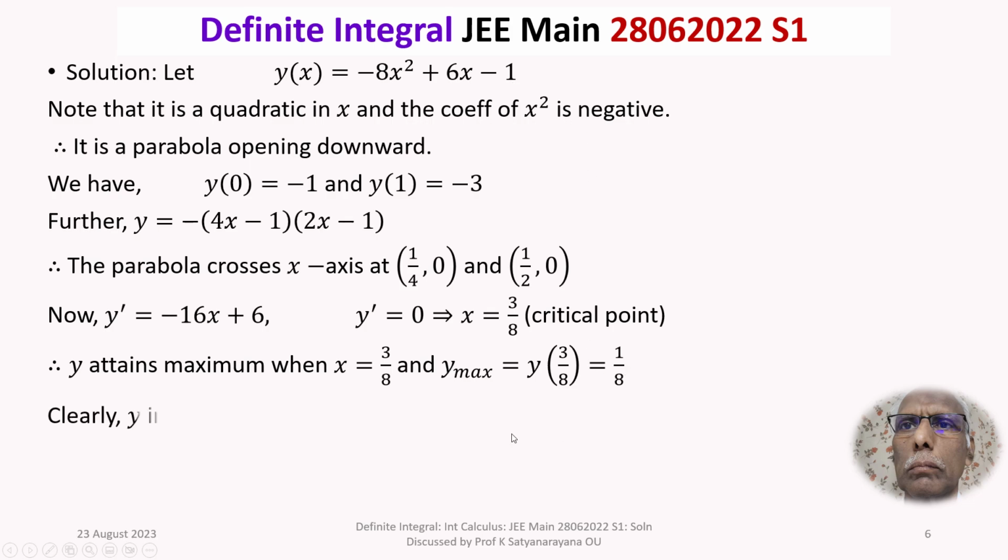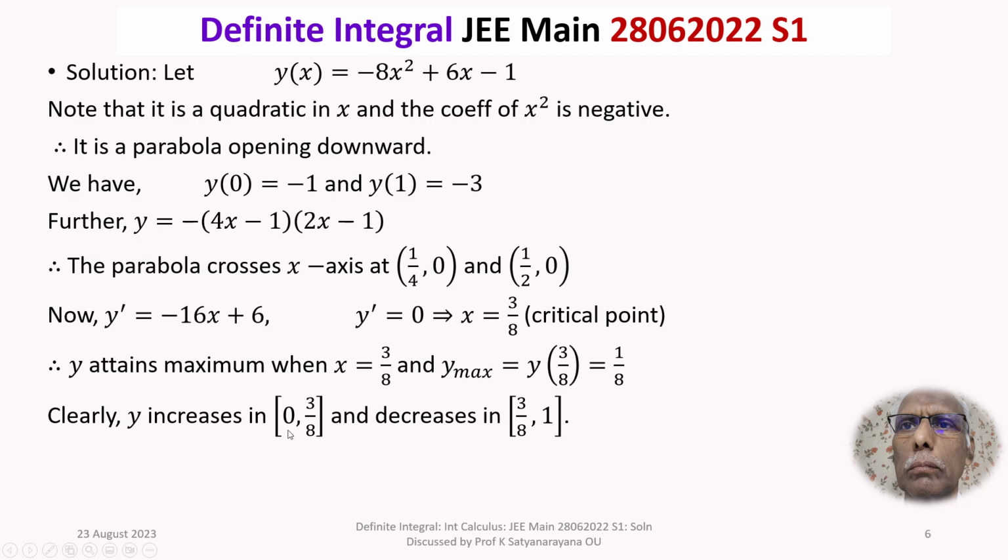So clearly y increases in the interval 0 to 3/8, and decreases in 3/8 to 1. Because it is a parabola opening downwards, it increases from 0 to 3/8 and it decreases in 3/8 to 1.